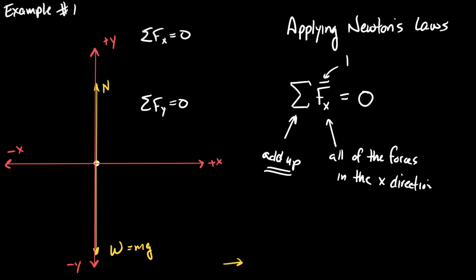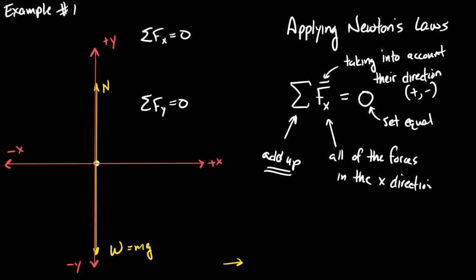This little bar means to take into account their direction, which for us means plus or minus, and set them equal to 0. It's a set of instructions. So in each of the dimensions of your problem, you'll add up all the forces in the given direction, taking into account their direction, and set them equal to 0.